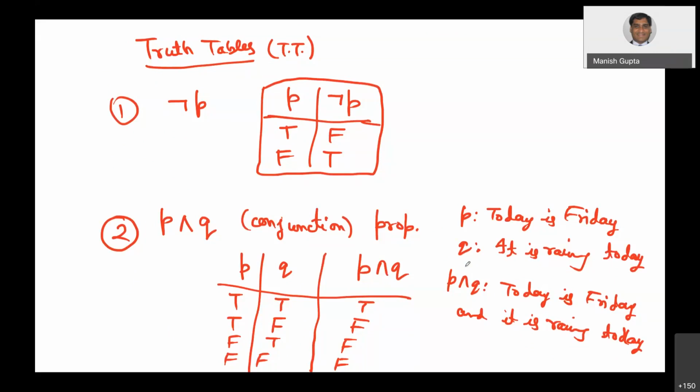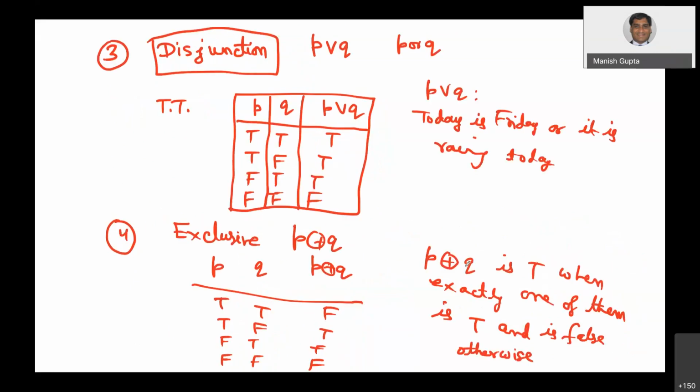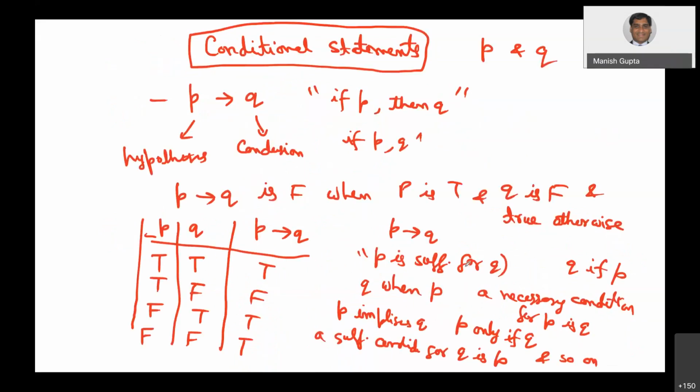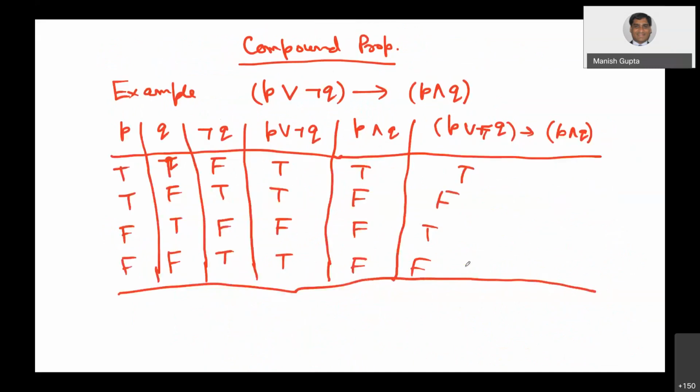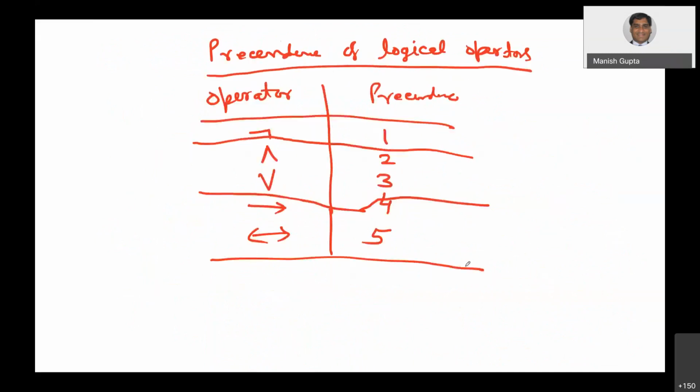We looked at conjunction, disjunction, exclusive or, conditional statement P implies Q, converse, contrapositive, and inverse, biconditionals, compound propositions, and precedence of logical operations. Now we are ready to describe what is known as propositional equivalence.